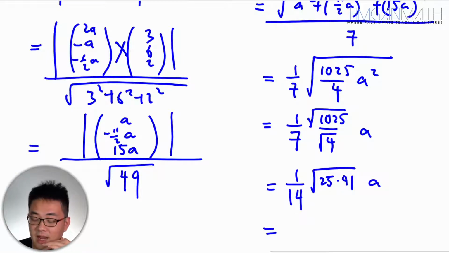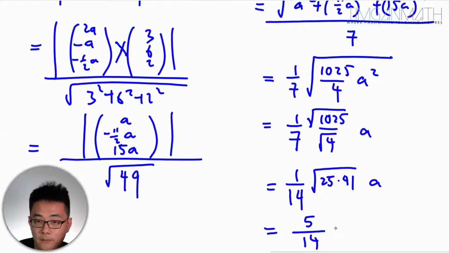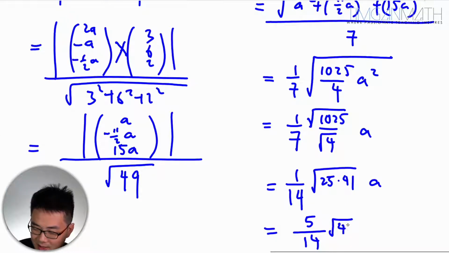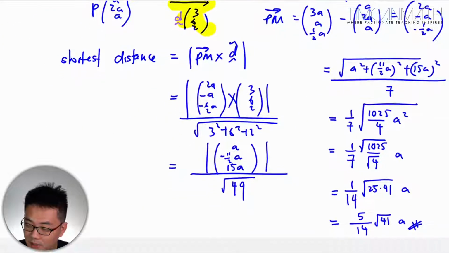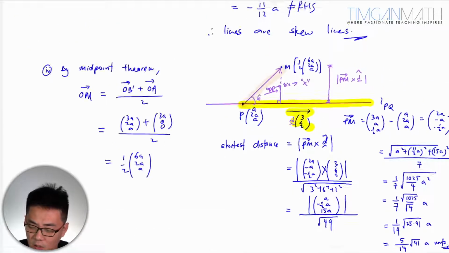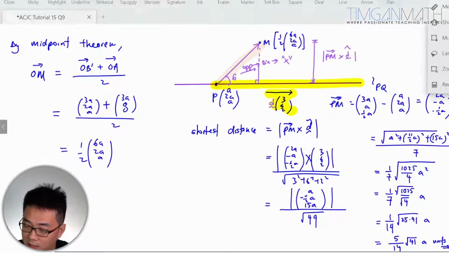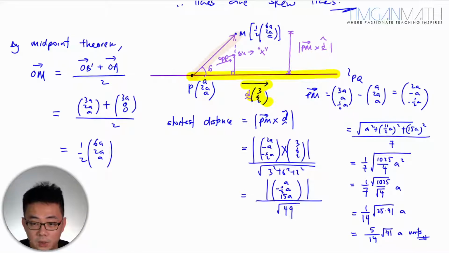So this will be 5 over 14 square root 41 a. Okay, so there you go. That's how units, so I'm going to put this as units. So that's how you do this question proficiently. If you have any questions, please let me know. I think this is the end of this part. Great. Let's look at the subsequent part.